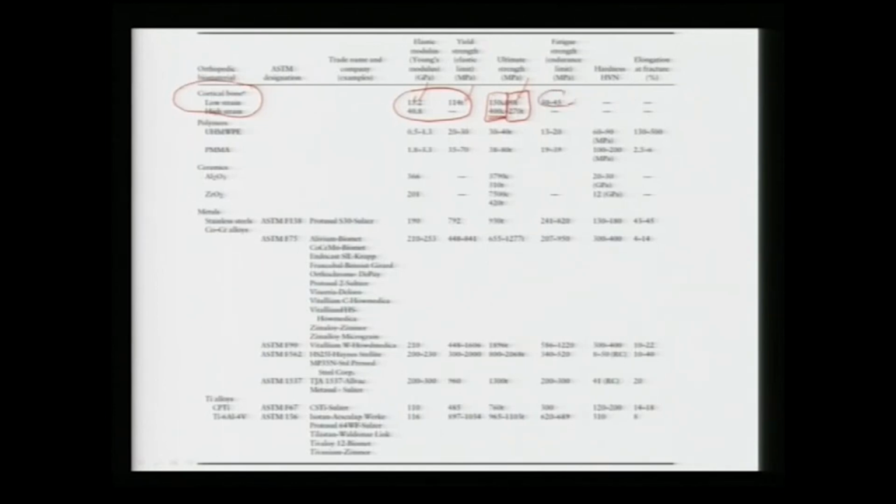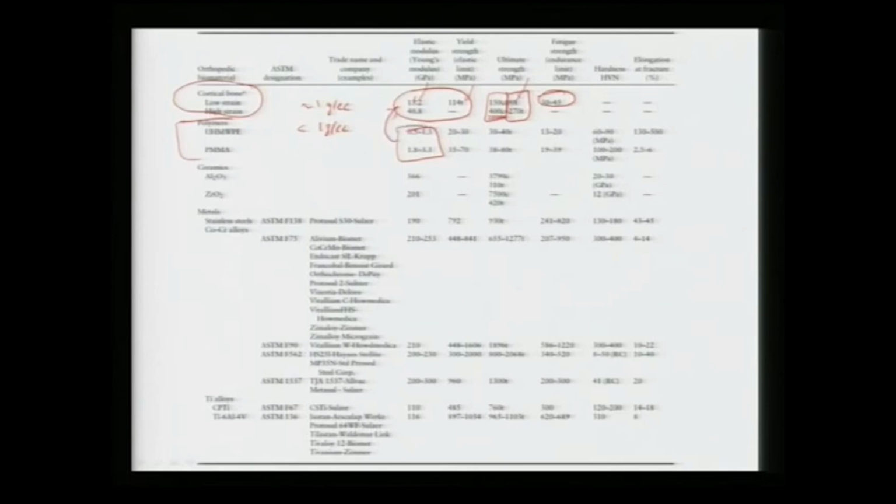Fatigue strength is of the order of 30 to 45, and also the densities are much more comparable to that of polymers. They are of the order of around 1 gram per cc, whereas polymers generally have densities less than 1 gram per cc or so. So we can see polymers, the first candidates, again have elastic modulus which is very low in comparison to that of a cortical bone.